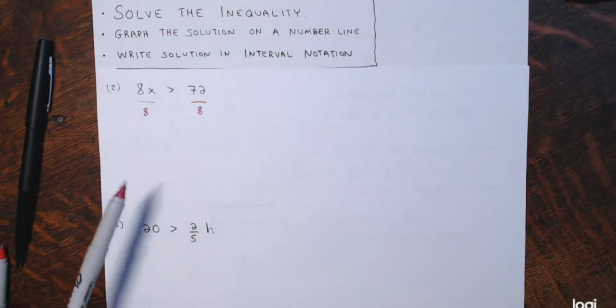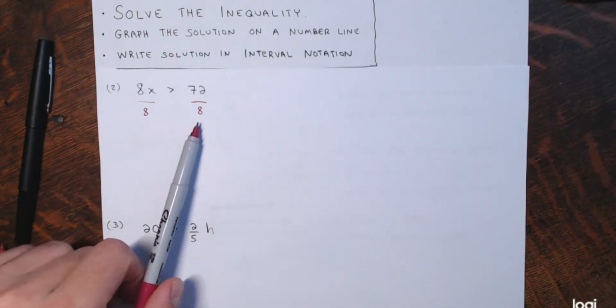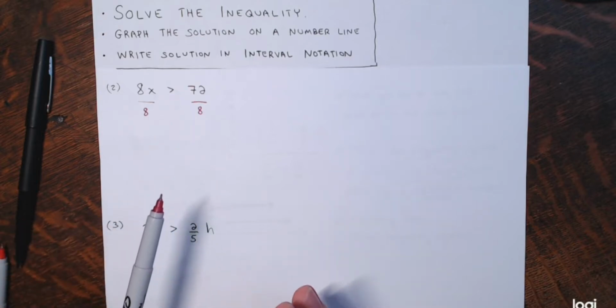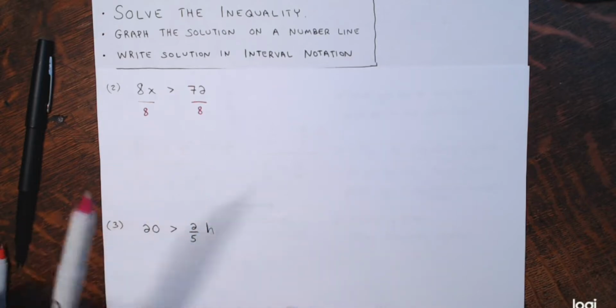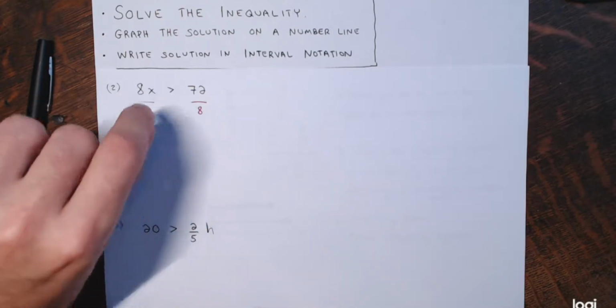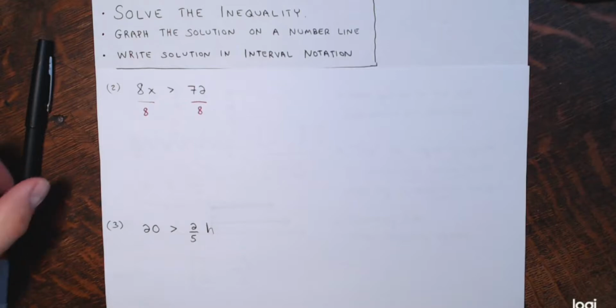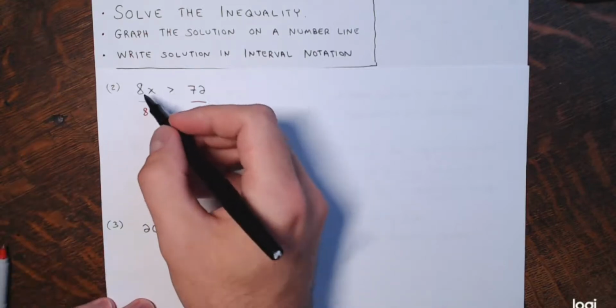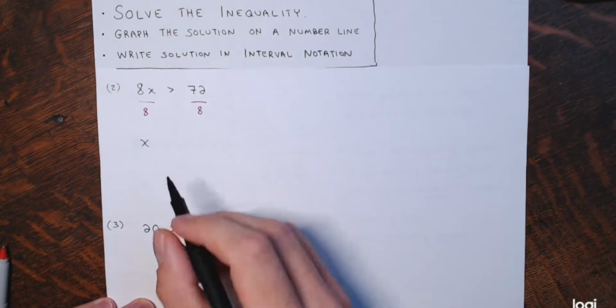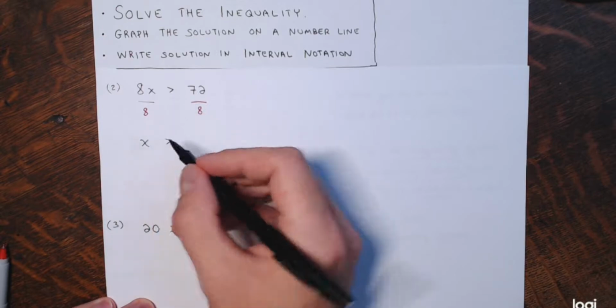And this is division by a positive number, so the inequality symbol will not flip. If I divided both sides by a negative number, then when I do the next writing, I would flip the inequality symbol. But here I am not doing that. So we have x alone by itself, 1x on the left, is greater than still, because I divided by a positive number.